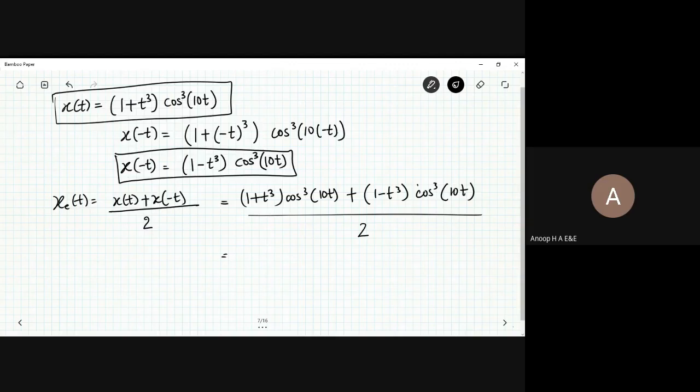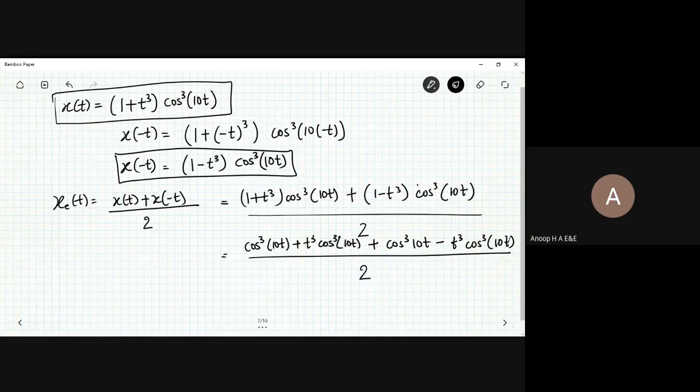So you get cos cube 10t plus t cube cos cube 10t, plus cos cube 10t minus t cube cos cube 10t. This whole term is divided by 2 again. The t cube terms cancel, so you are left with only cos cube 10t after dividing by 2.